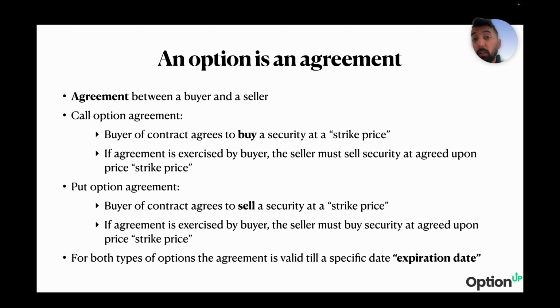So if you have a call option, that agreement is basically saying that the buyer of the contract is agreeing to buy that security, whatever the contract is on, at whatever given strike price. And then if it's exercised, the seller must sell that security at that strike price, no matter what the current value of that security is.